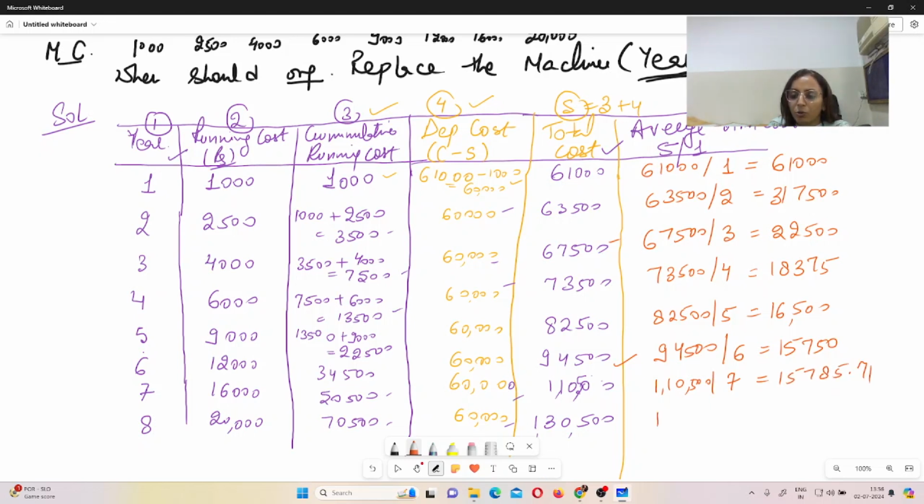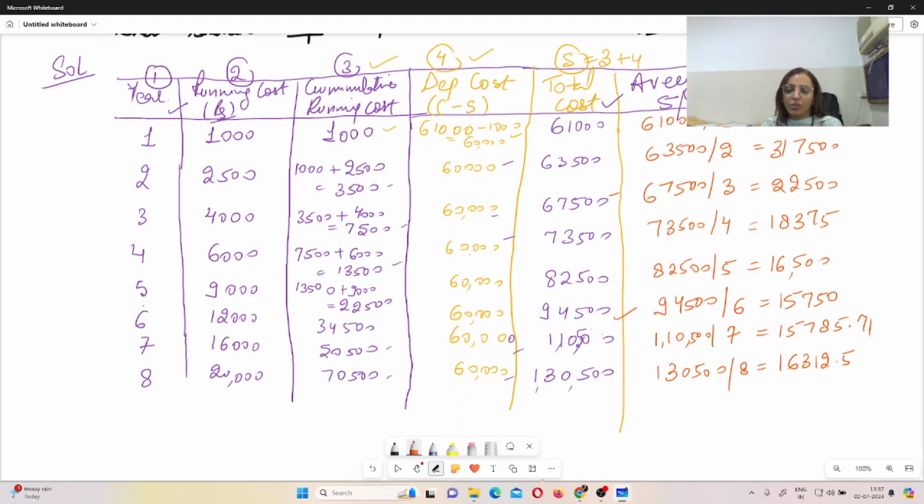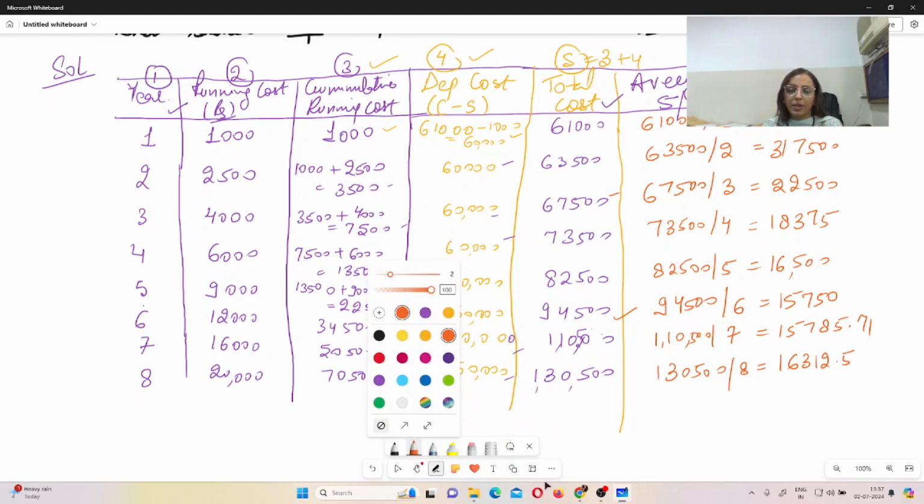Hope you are using your calculator and doing the calculation with me. 1,30,500 divided by 8, the last year, comes to 16,312.5. So what we get from here is how the average annual cost changes as the years increase.